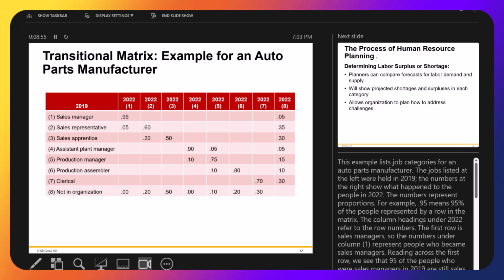On the left, in 2019, the numbers at the right show what happened to the people in 2022. The numbers reflect proportions. For example, 95 means 95% of the people represented by a row in the matrix. But this is an example of a matrix that you would use.